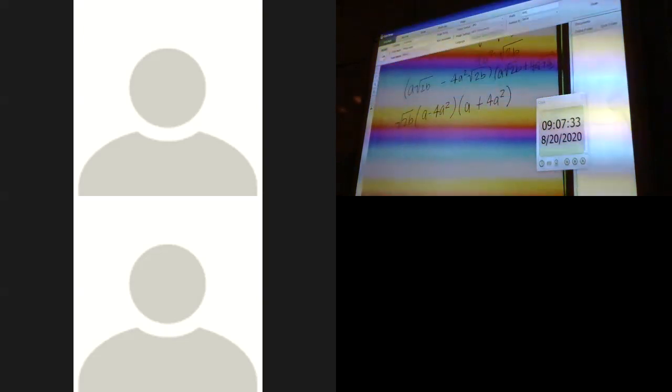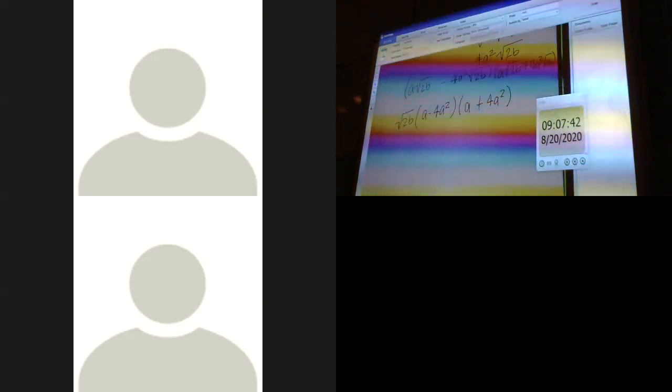Can we simplify anything else? You can simplify the a. So if we pull a out of that first one, it's going to be what?